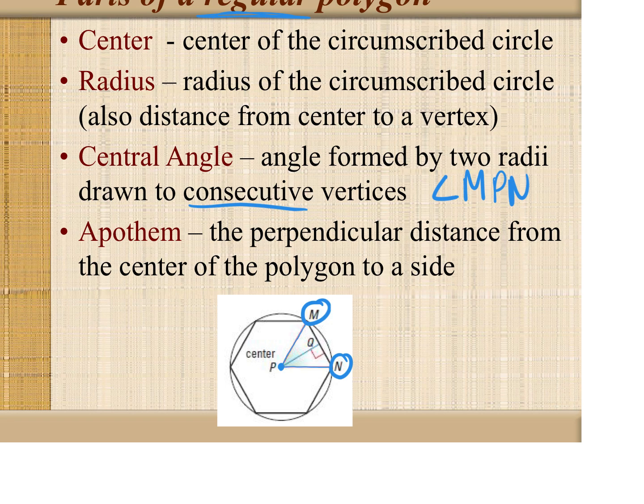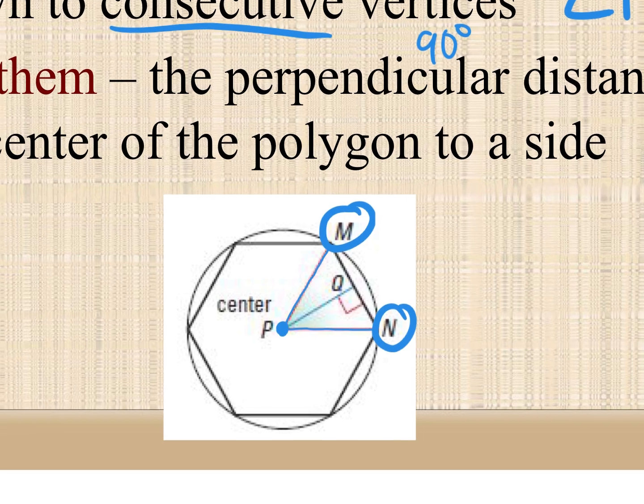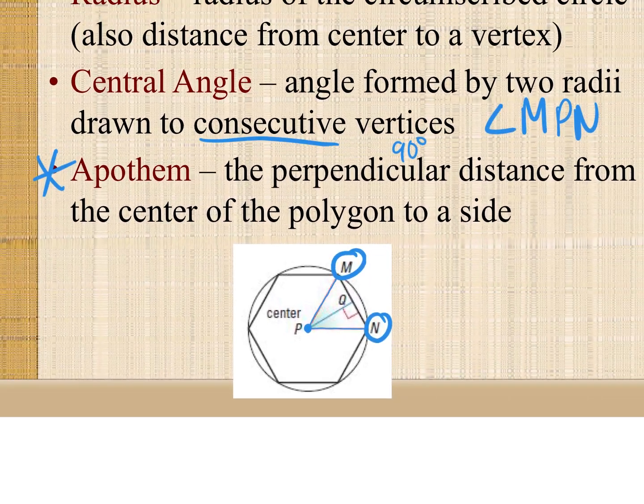The apothem, this is the new one, star this one. We have not seen an apothem before. An apothem is the perpendicular distance from the center of the polygon to a side. What does perpendicular mean again? Forms a 90-degree angle, okay? So as you notice, which is the only segment that forms a 90-degree angle with a side?